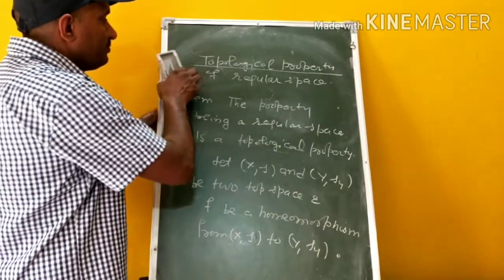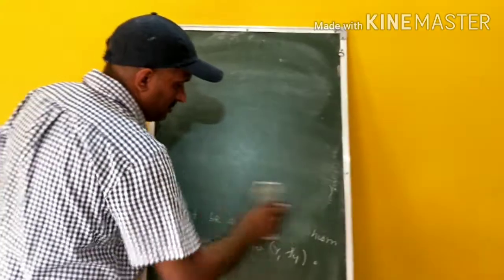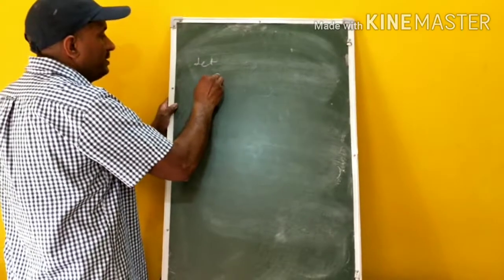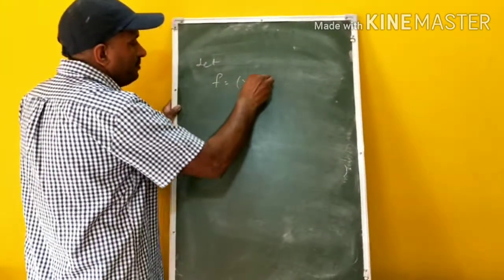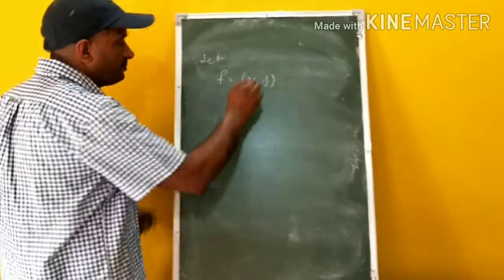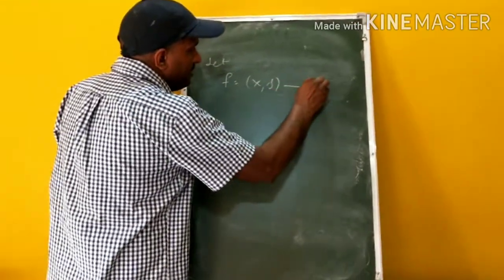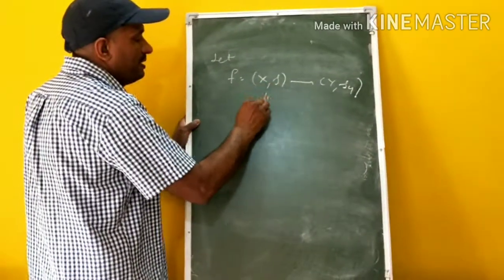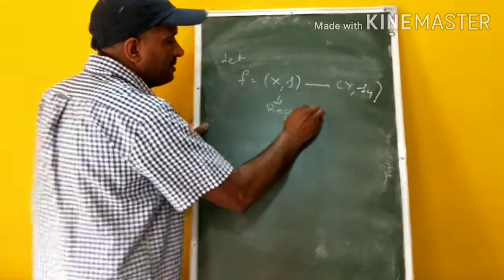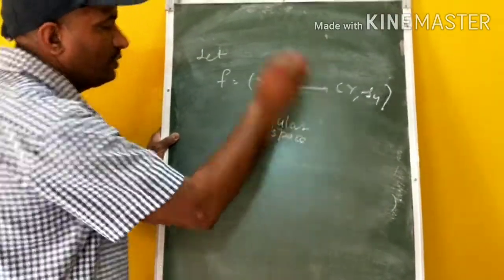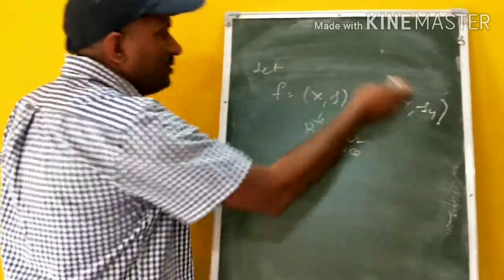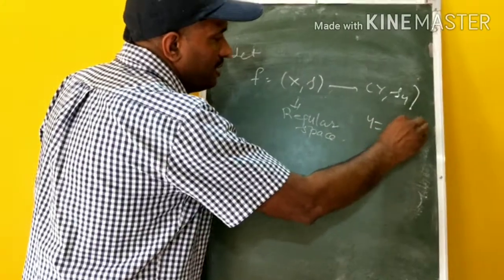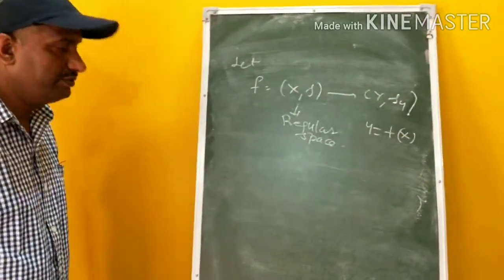Proof. Let f be a homeomorphism from a topological space (X, T) to (Y, T'). Here (X, T) is a regular space. Now we show that its homeomorphic image Y equal to f(X) is also a regular space. Now what we have to do?